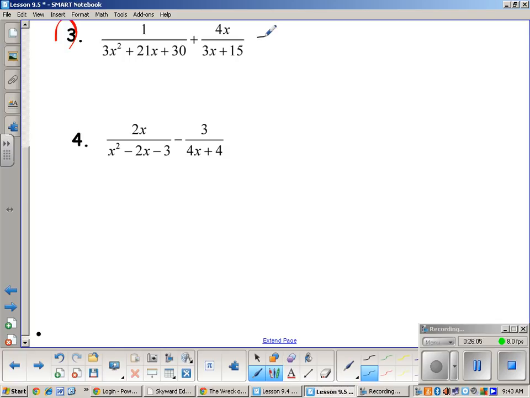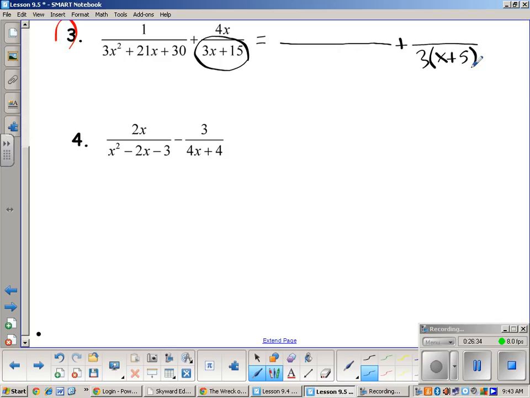Let's go ahead and factor this first. Let's start with this one. What does it have in common? A 3, right? Leaving me with x plus 5, right? Same concept works here as it does when we're simplifying.